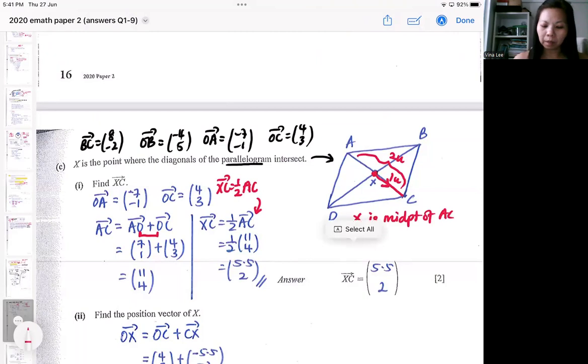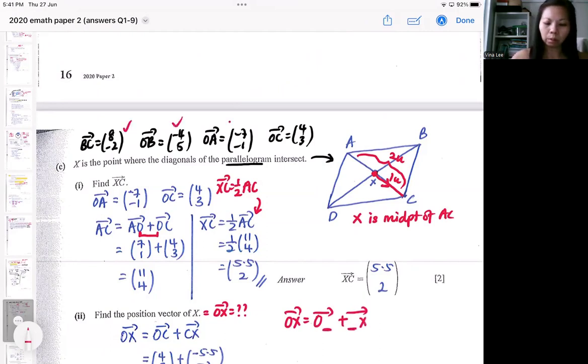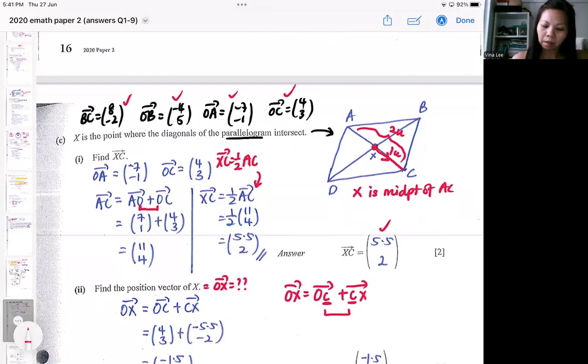And once I find my XC, later on, my OX is actually quite simple. For OX, I can just try to fill in the blank. You look at what you have. You got a lot of things here already: 1, 2, 3, 4, 5. Out of these 5 items, what can you fill in the blank with? I can fill in the blank with OC and CX.